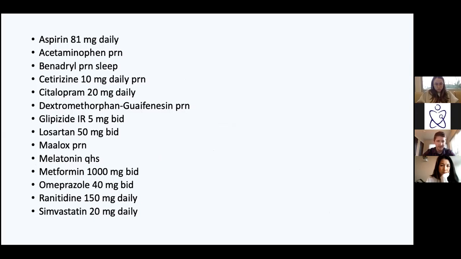Again, unclear if she's actually taking it. She's prescribed glipizide IR 5 milligrams twice daily. Takes losartan, Maalox, melatonin, metformin, omeprazole, ranitidine, and simvastatin.